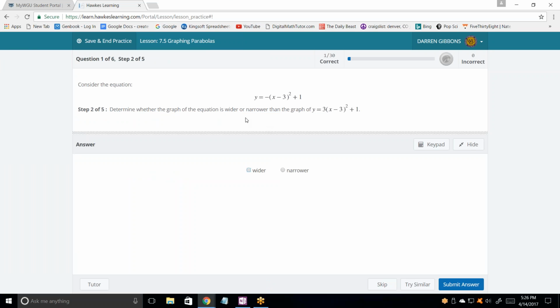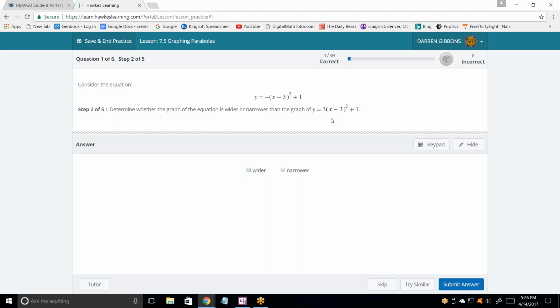Okay, determine whether the graph is wider or narrower than this other function they give you. Wow, they're kind of giving you these in backwards order, but you can still figure them out.